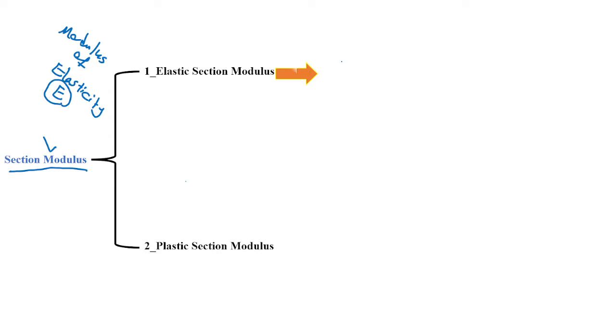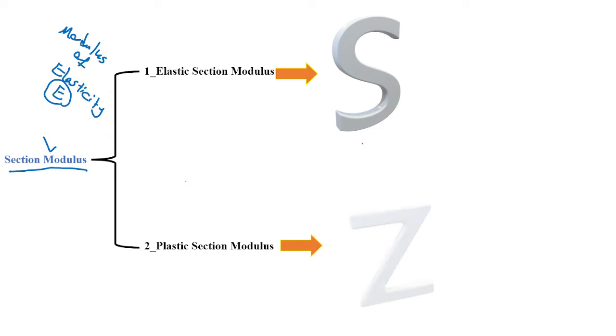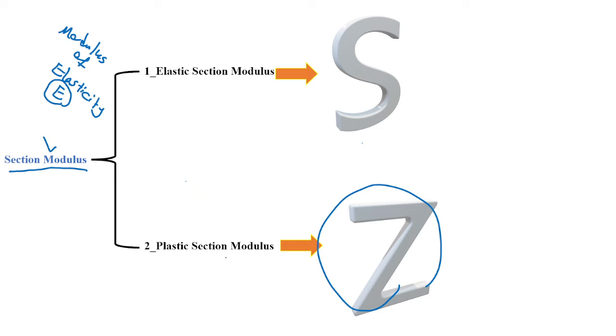We show the first one by capital S and the latter one by capital Z. So Z is the plastic section modulus and capital S is the elastic section modulus.